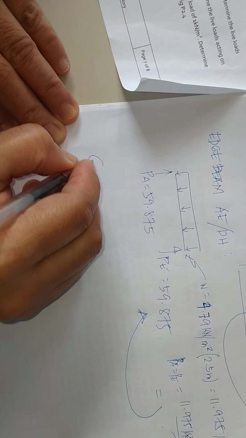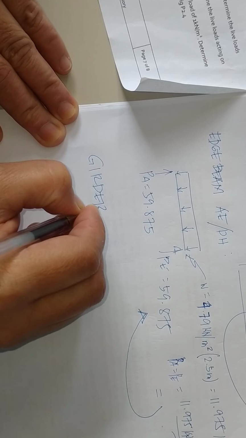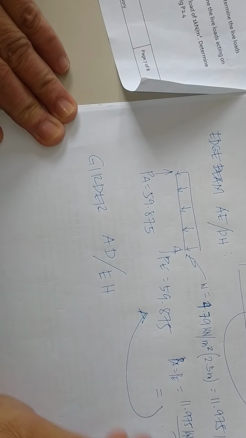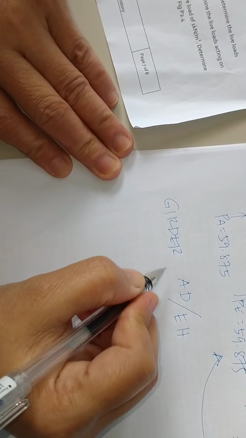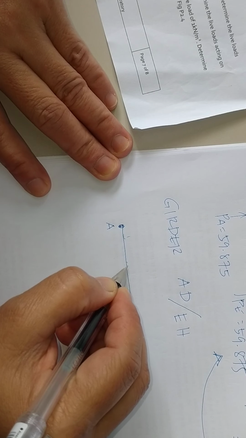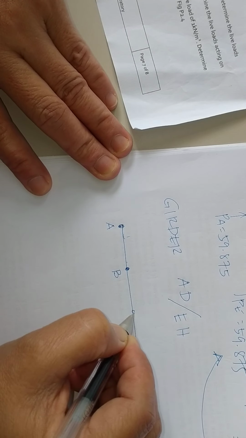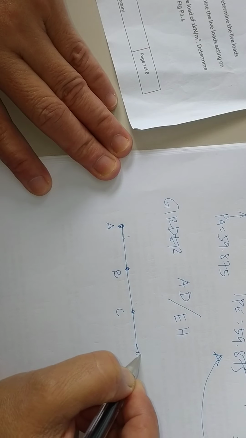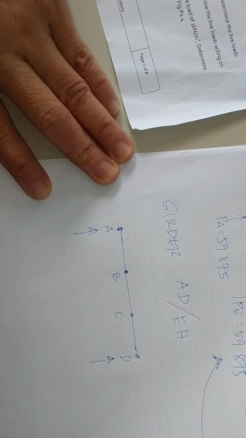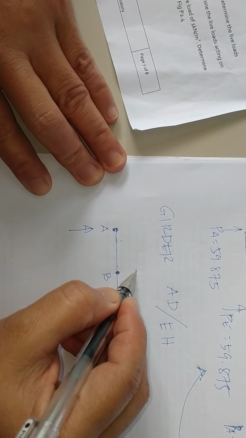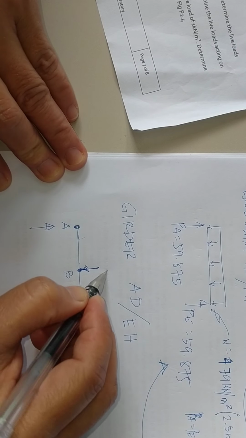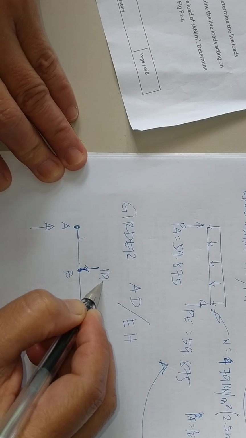So girder AD, girder EH. Point A, point B, point C, point D. This is the column, reaction at the column, and this is the reaction of live load at the middle, 119.75.